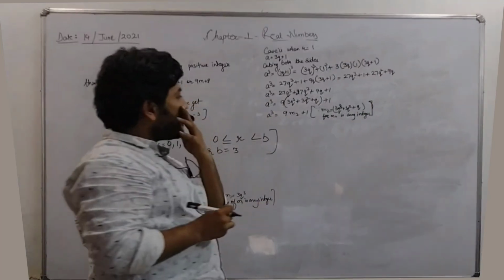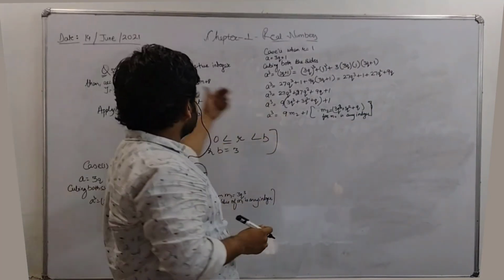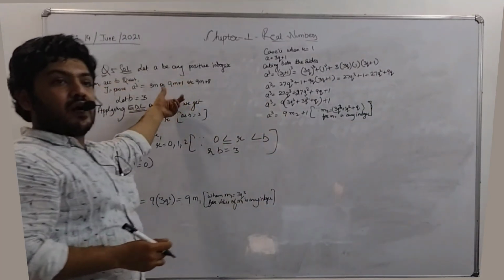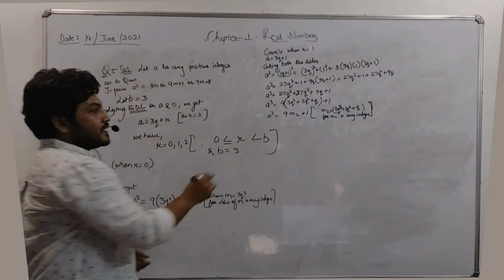So in this way, you have proved one more thing here, that is 9m2 plus 1, which is in the 9m plus 1 format, and here you can clearly see that.